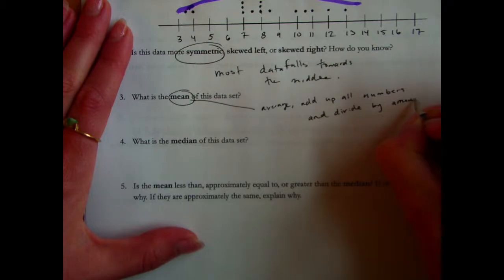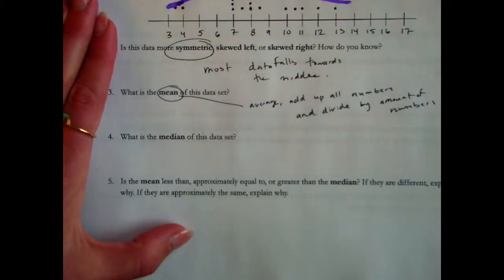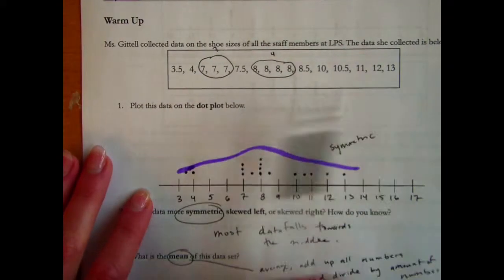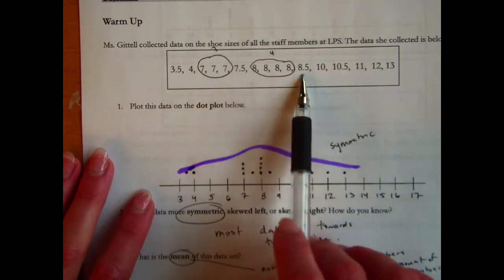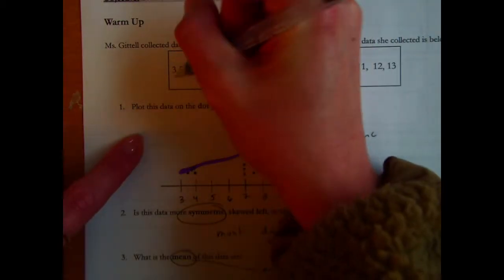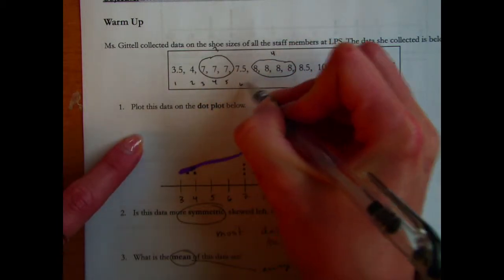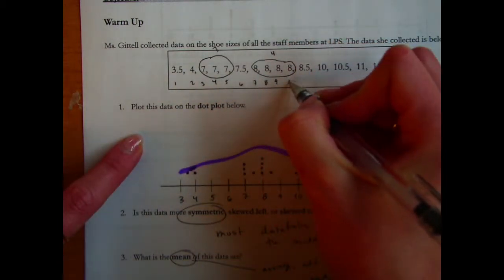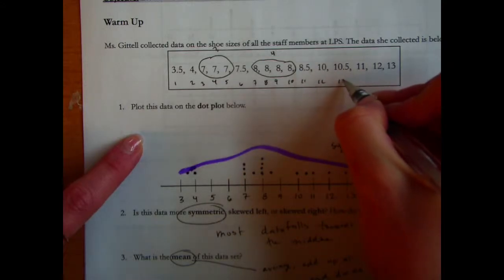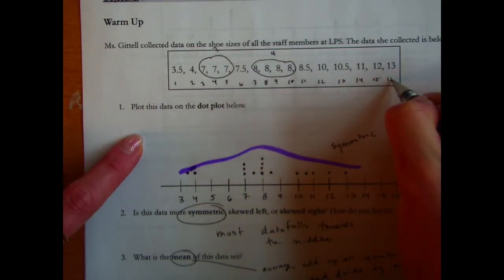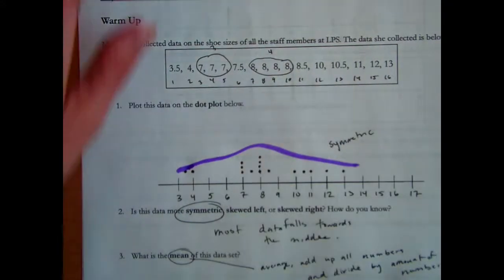So in this case, I'm going to add up this string of numbers, and I'm going to divide by the total number of numbers in the data set, which let's just count. There are 1, 2, 3, 4, 5, 6, 7, 8, 9, 10, 11, 12, 13, 14, 15, 16. There are 16 numbers in the data set. So I'm going to add them all together in my calculator.